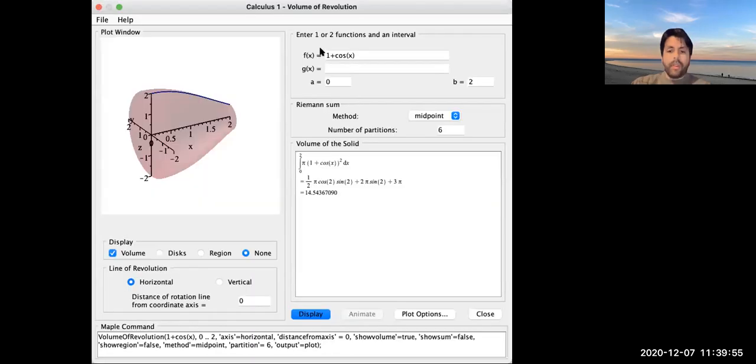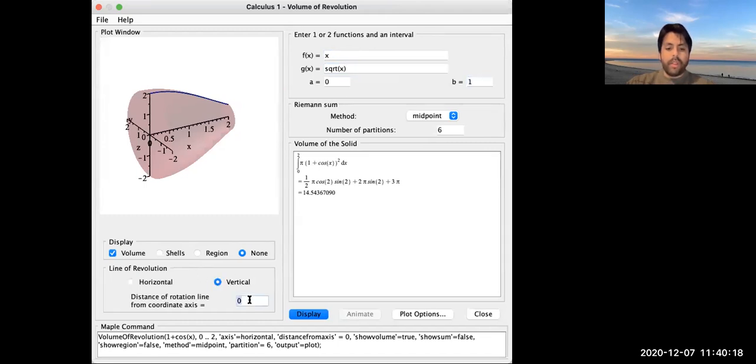So you got Maple here, and then my functions, I can still write it as x and square root of x. That's okay. They're going to do things a little differently than we do, but that's fine. And then a and b, we have it from 0 to 1. And my vertical line of revolution would be at 2.